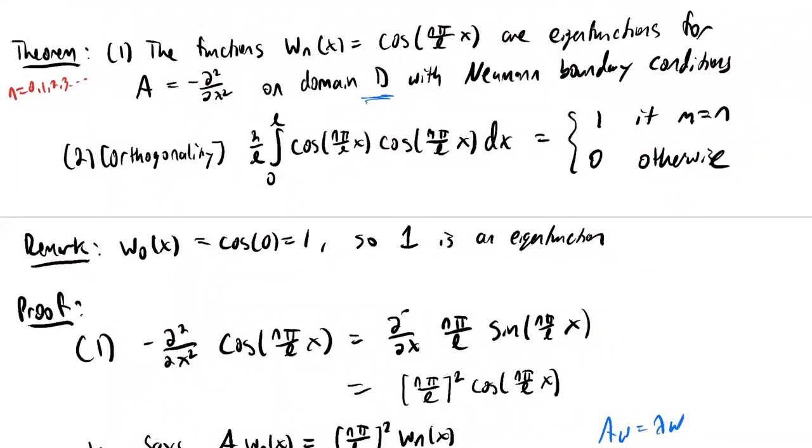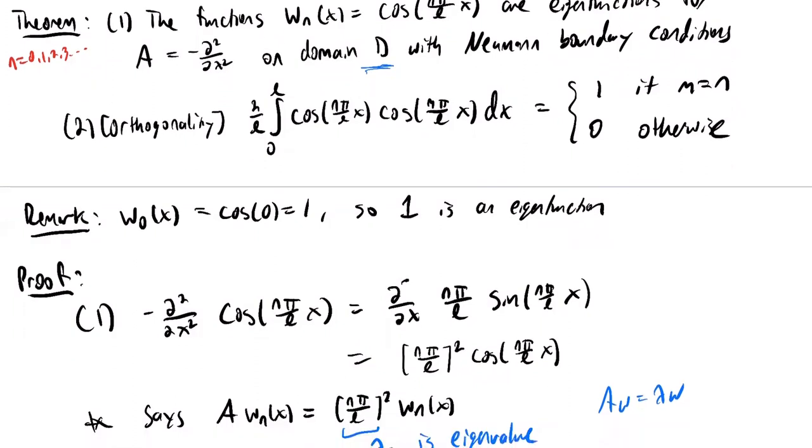And then the second part is this notion of orthogonality. This is just a trig integral calculation, which is very similar to what we did in the case of sines. You use the double angle formula to rewrite the integral, basically the same way as we did with the sine case, but you just interchange the role of sines and cosines.